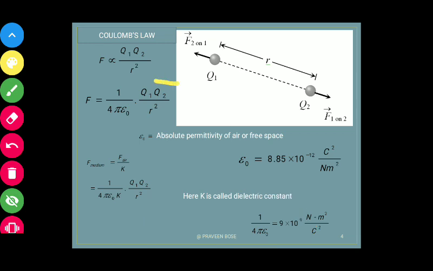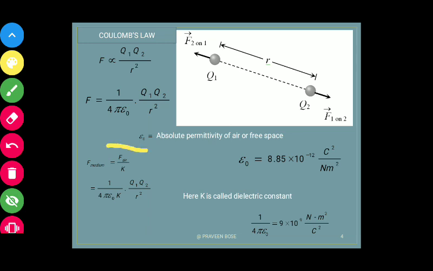So don't forget the equation. According to Coulomb's law, the force of interaction between two objects is equal to 1 by 4 pi epsilon 0 q1 q2 by r square. If you are considering the medium, the Coulombian force depends on the medium, and here K is called the dielectric constant.